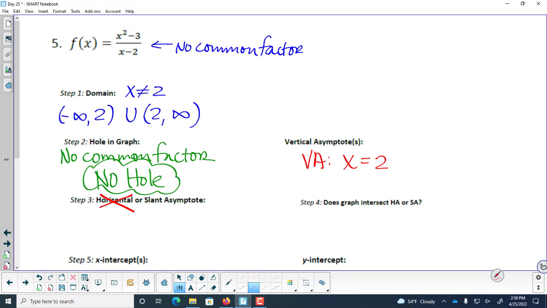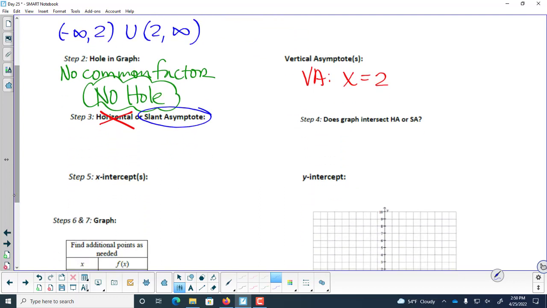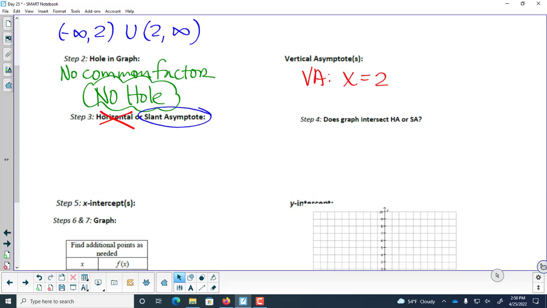Do I have a slant asymptote? Yes. Why? The degree of the top is 1 more than the degree of the bottom. It's bigger by 1, so slant asymptote. How do we find it? We divide. I'm going to let you do the long division for practice.